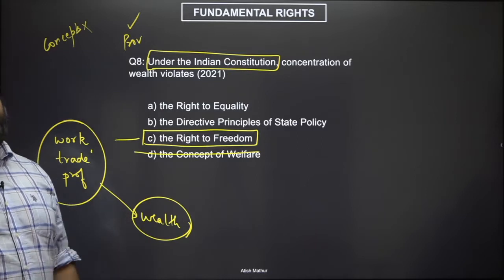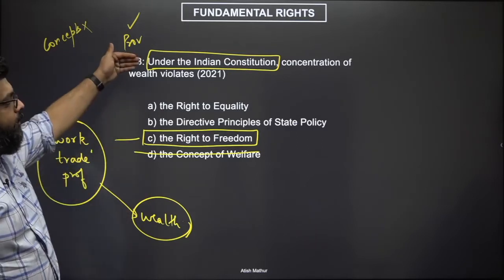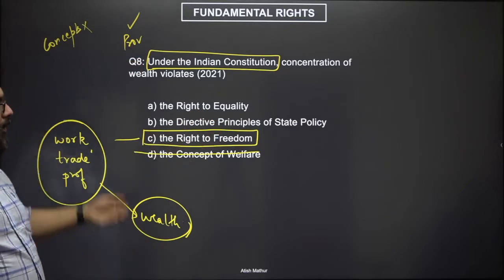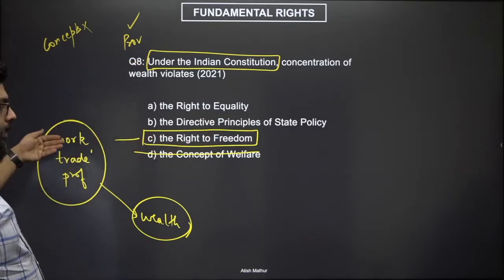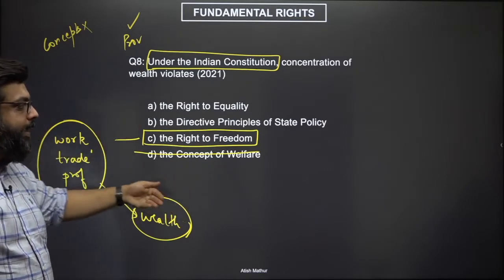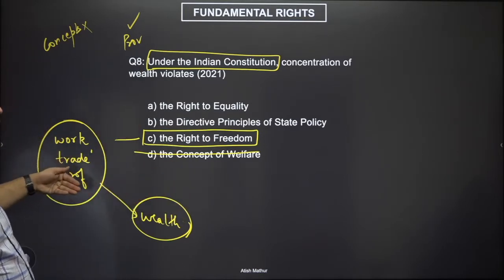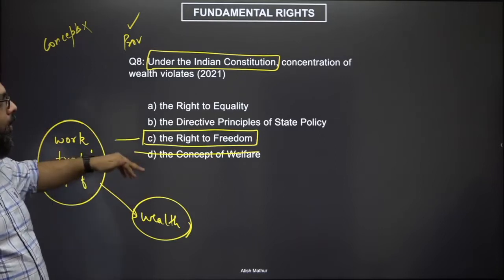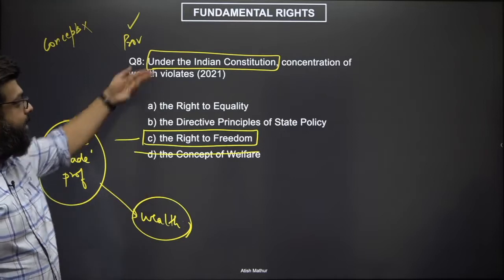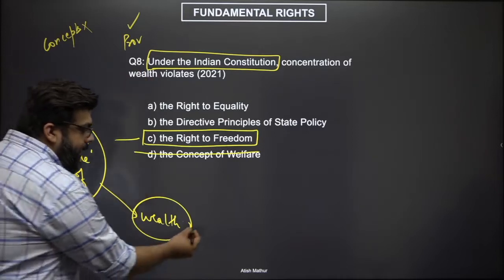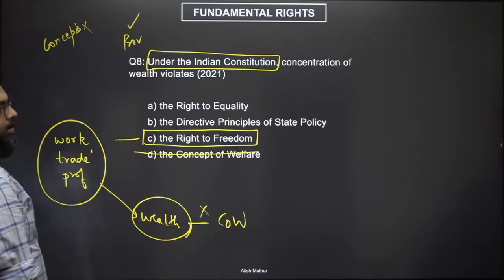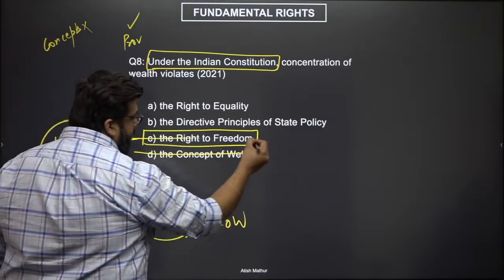How is it violating the essence? Concentration of wealth is not contradictory to the right to freedom. If people have the freedom to work and therefore work with the objective of earning as many rewards as they can, it would not be contradictory, because this is a natural outcome. This will lead to concentration of wealth. It will not violate freedom. So this is also out.